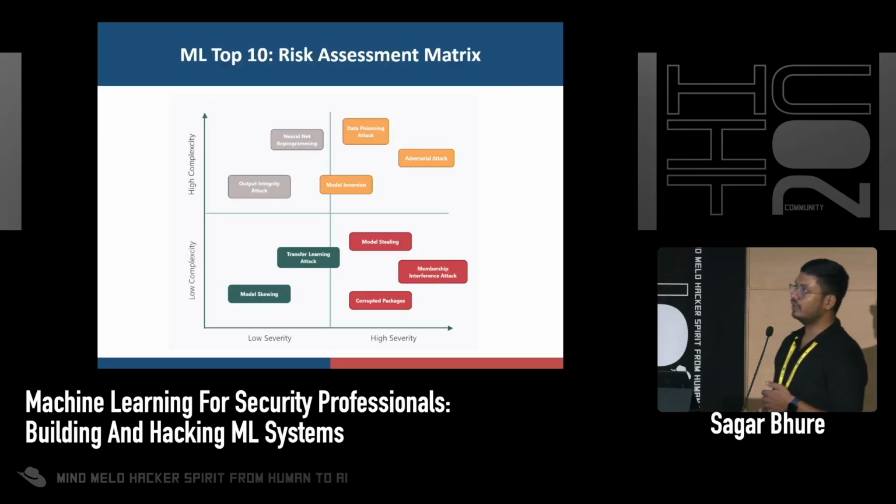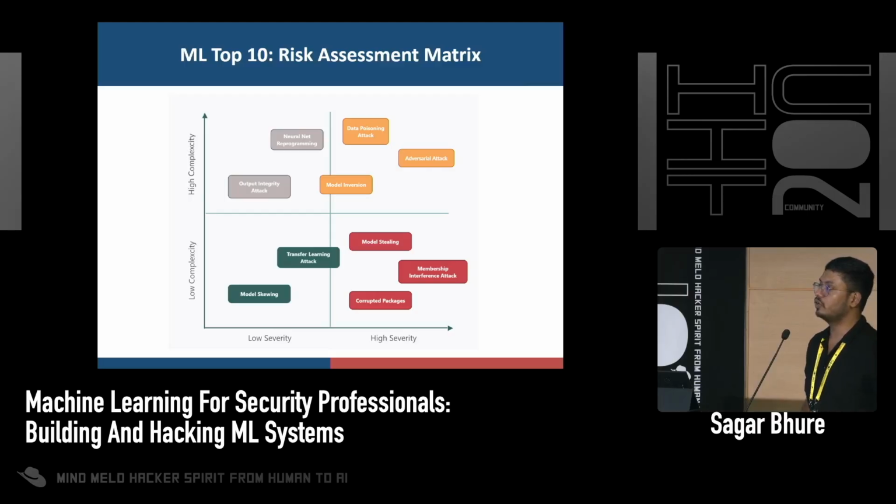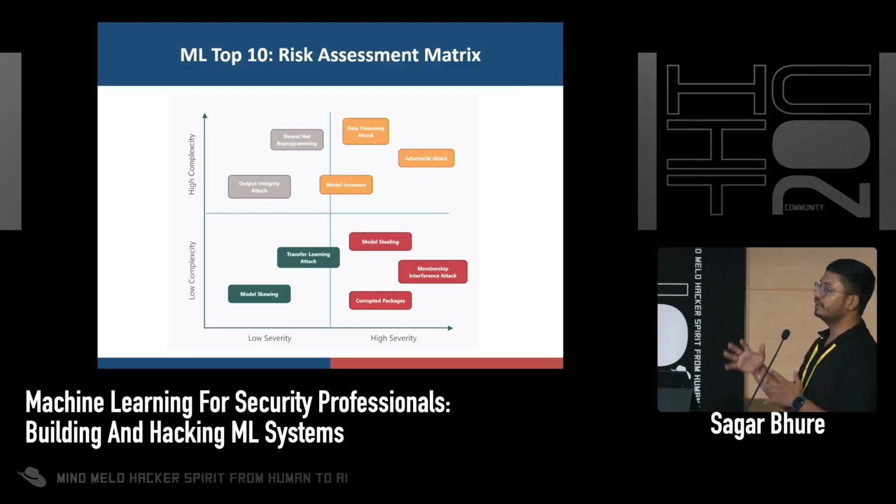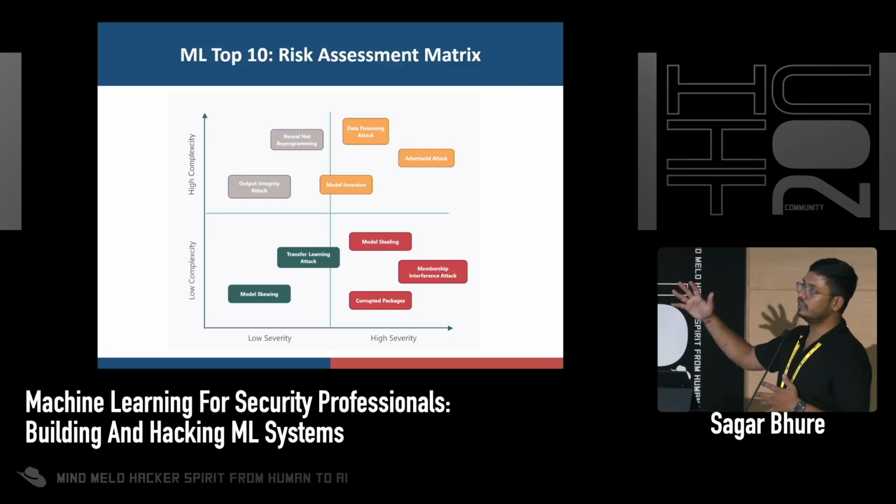So this is what the OWASP ML Top 10 project does. It tries to list the top 10 attack vectors on machine learning deployments. I think we covered a couple of them, from data poisoning attack to adversarial attack on the top right in orange, and model stealing attack as well via reverse engineering of any attack sample.